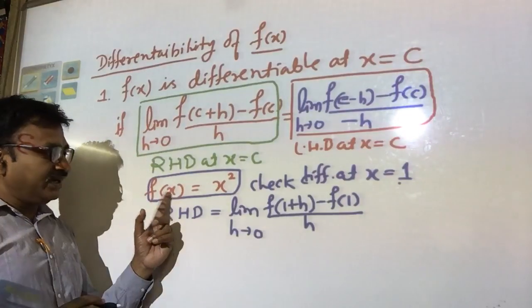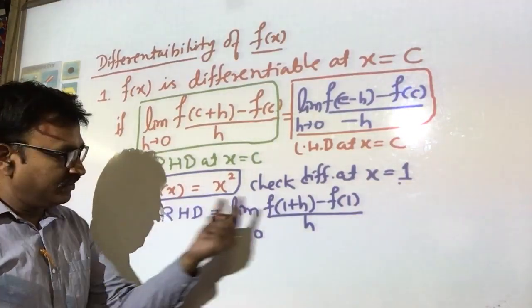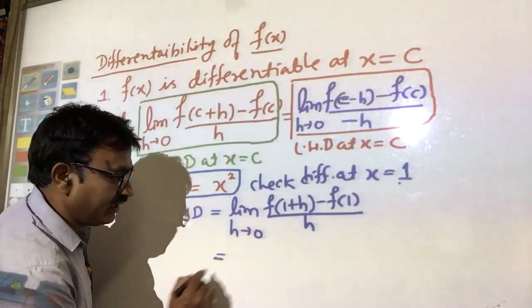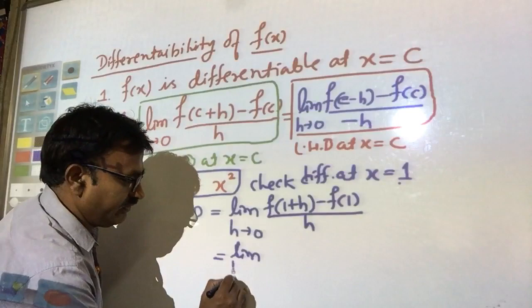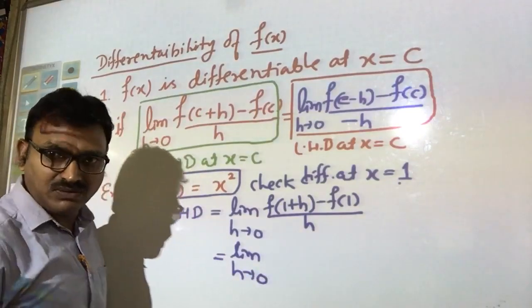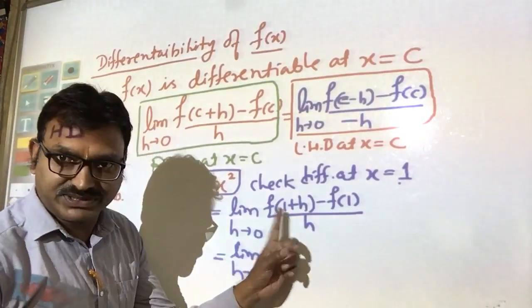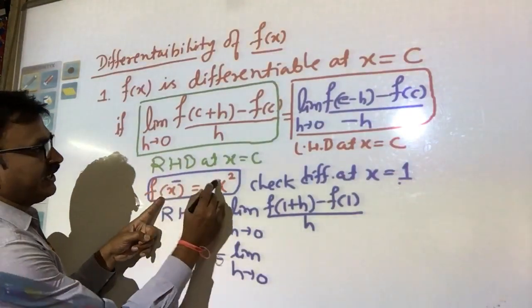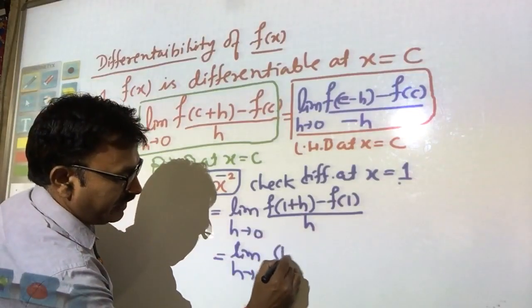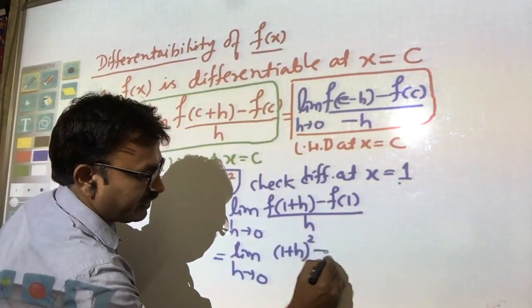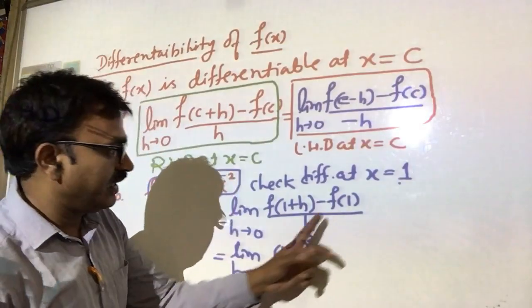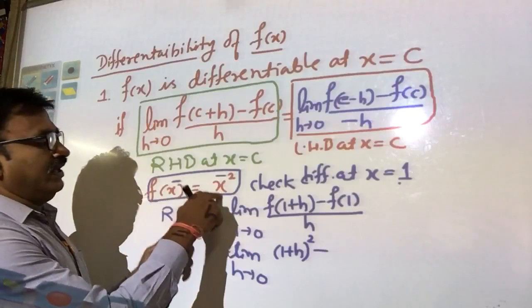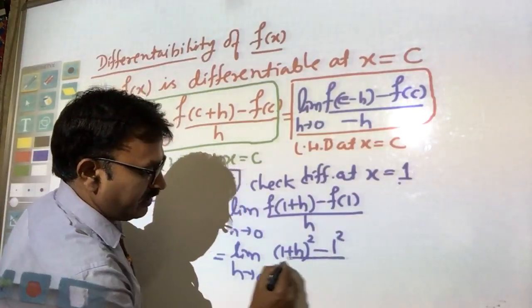So what is f(1) and what is f(1 + h)? Students, this is very important. This type of concept we have used in limit and continuity also. So f(1 + h) means 1 + h will be put here. So it will be (1 + h) whole square minus f(1). Now what is f(1)? It is 1 square, minus 1 square, divided by h.